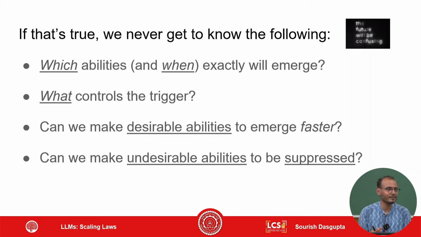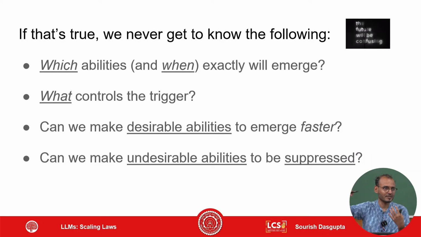Can we make undesirable abilities be suppressed? When I was preparing the slide, it occurred to me that the California AI Act just came up. So it's very pertinent to this fourth point: if you are not seeing an undesirable ability right now, and you think that's fine, and you open source the project or launch the model, but what happens if somebody starts scaling that same model by increasing the number of parameters or the amount of training data, and then suddenly the Pandora's box is open?